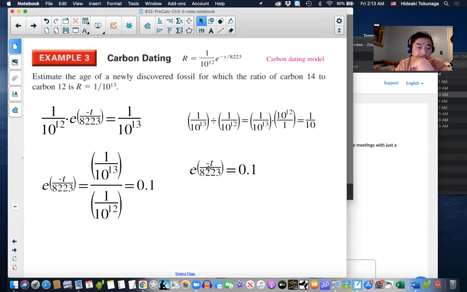Wait a minute. This is really confusing. I noticed this is the exponents. So what can I do? It looks like E times this one, but it's exponents. I should have noticed a little bit earlier.